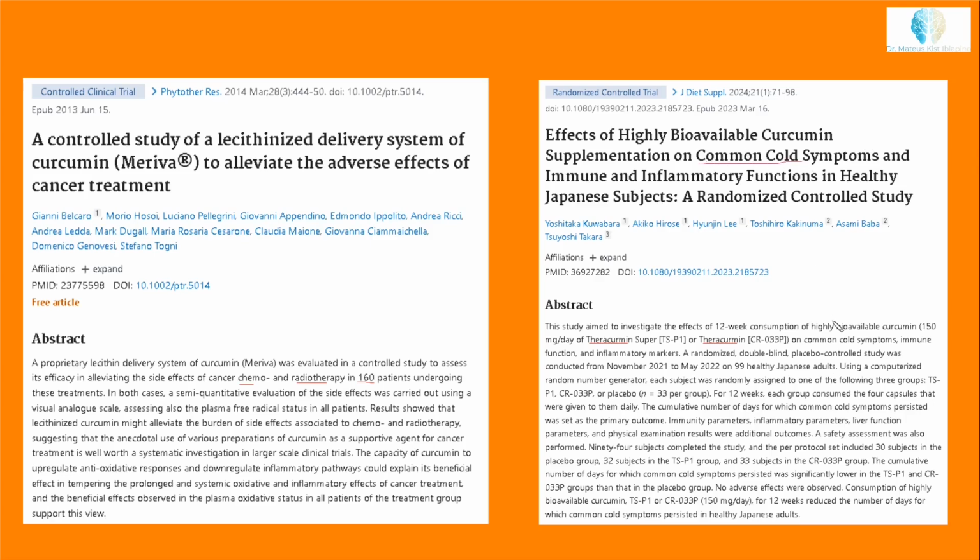What they found was mainly that the people that used curcumin, independent of the type of curcumin, had a shorter symptom duration. So the groups that used curcumin had a smaller number of symptom days when you sum the total days of symptoms of every patient. It means that the use of curcumin shortened symptom duration. So it's a very interesting result.